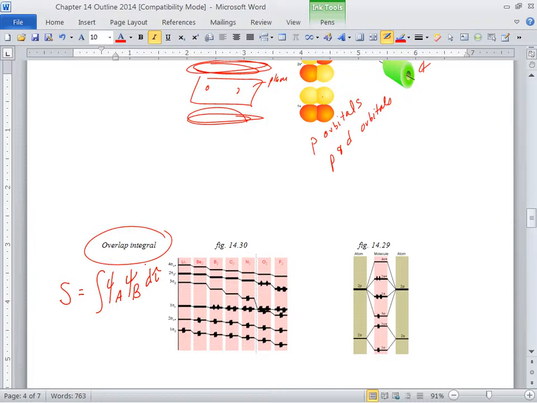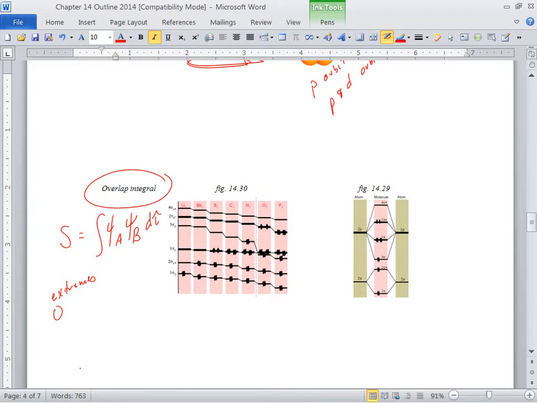But that's just one extreme. You can go from the extremes. You can get 0, and the word would be orthogonal. Extremes are S is 0. That's the word orthogonal. They're absolutely, completely different wave functions. There's no overlap at all. There's no similarity at all. And the other extreme would be the number 1. The wave functions are the same.